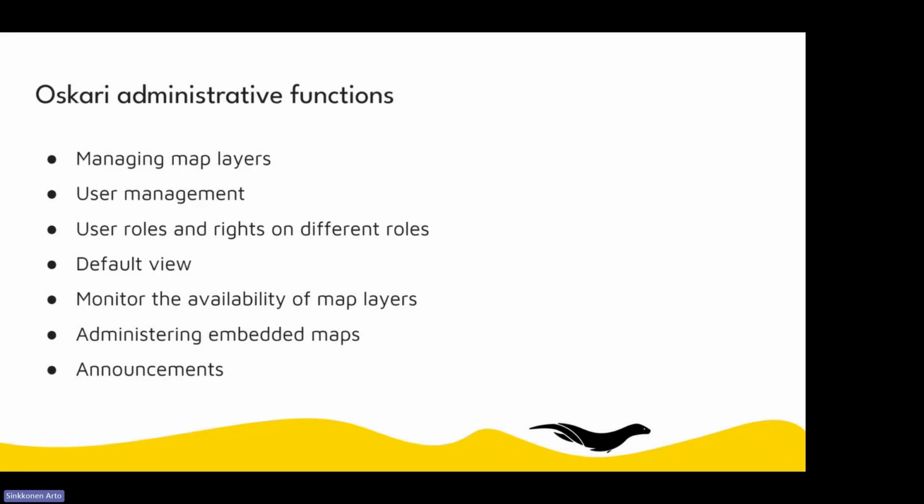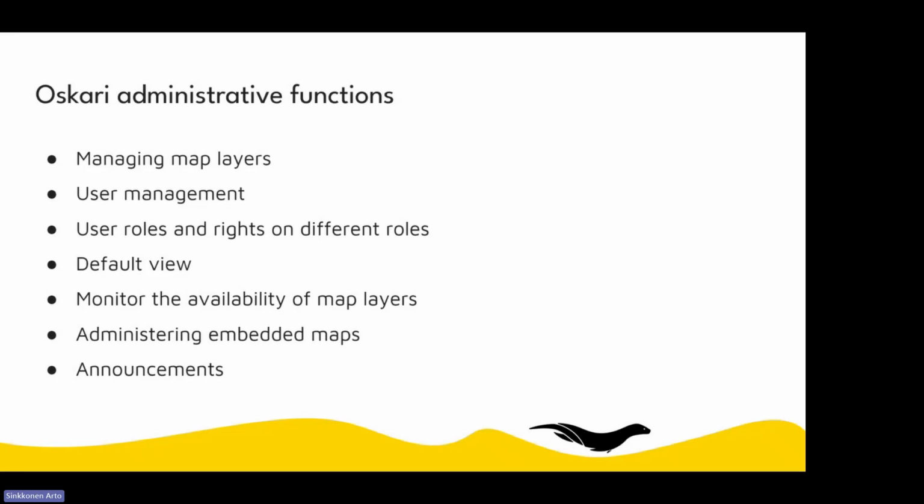I'm going to go first through managing of map layers, managing of users, and user roles were mentioned because we don't tie users directly to certain things, but we group users by roles and give roles the rights to do certain things.